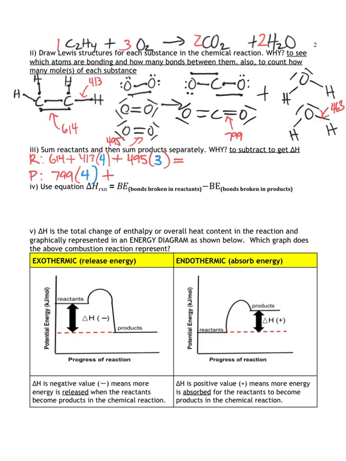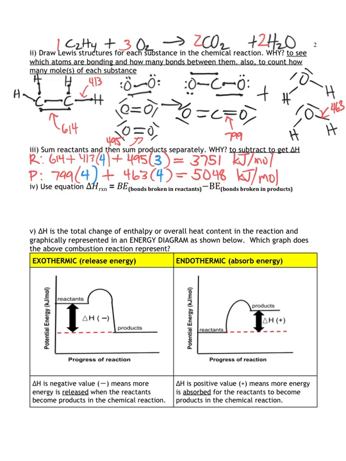And then you go to the products, and there is 463 times 4 as well. And then you sum them up. So pause and make sure you sum. These are the values that I got after I summed up all the reactants. This is my final value, and then I summed up all my products.